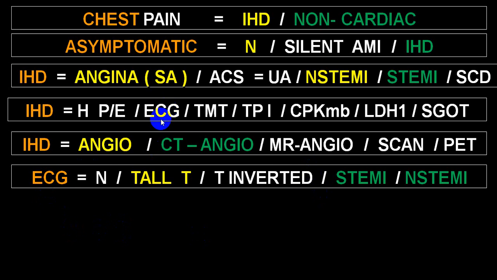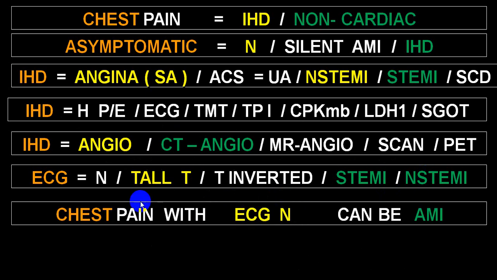As far as ECG is concerned, we have already mentioned that in an initial stage of acute coronary syndrome, it may be normal. In case of STEMI, initially it will be a tall T wave followed by an ST elevation with or without T wave changes like inversion. And in a non-STEMI, there will be ST depression with or without T wave inversion.